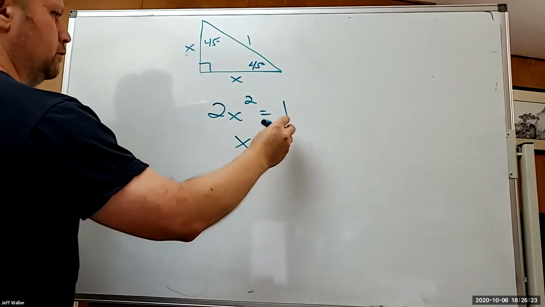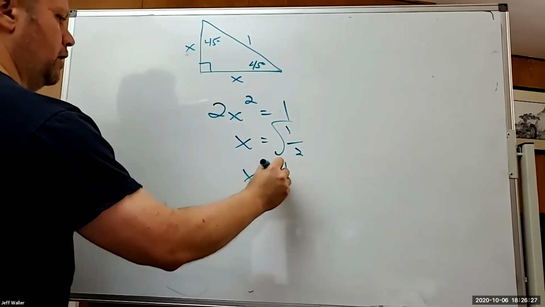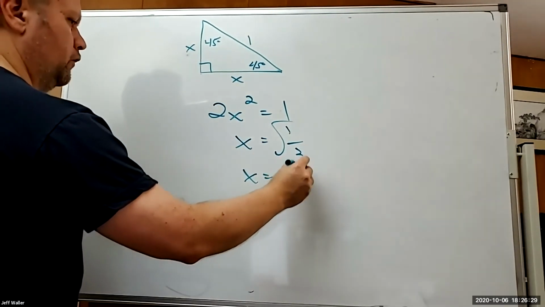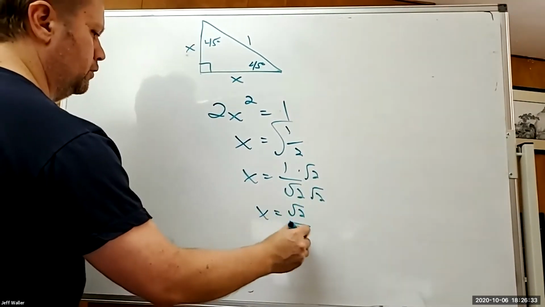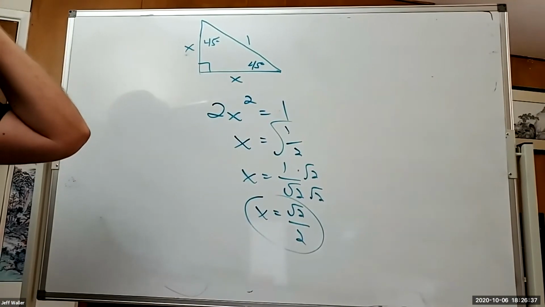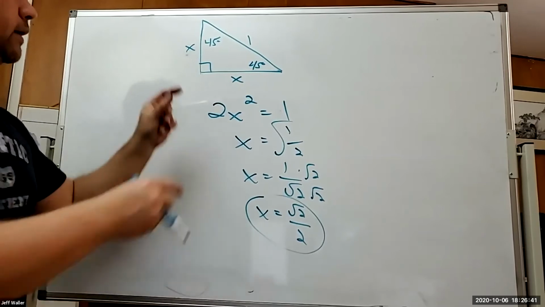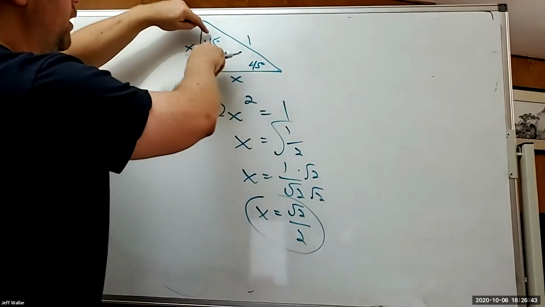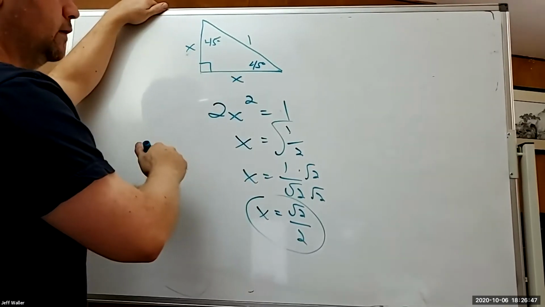Divide by 2, take the square root. So you get 1 over rad 2. And if you rationalize it, you get rad 2 over 2. And then you can see why cosine and sine are equal, because a 45-degree angle is where they both have the same sides, both of these sides.